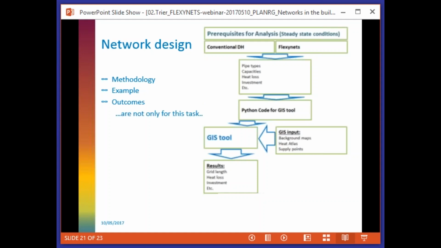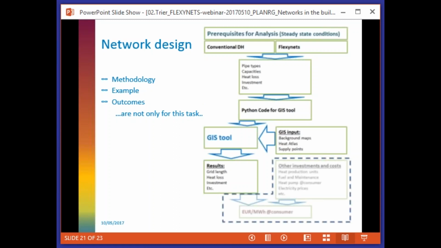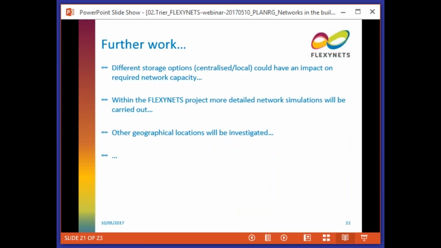So I will just mention that this is not only for this task described here, but we could also add on top of that some further financial costs to optimize for the lowest possible price for heat and cooling at the end.